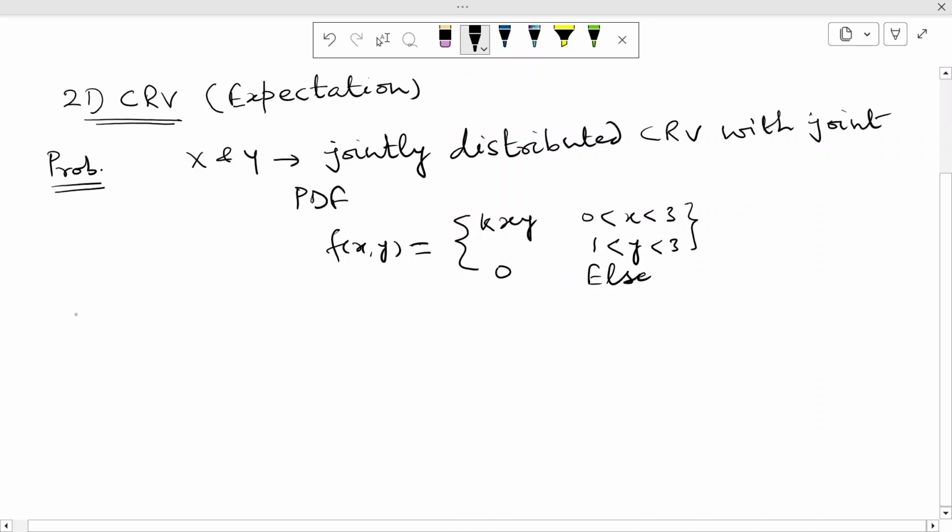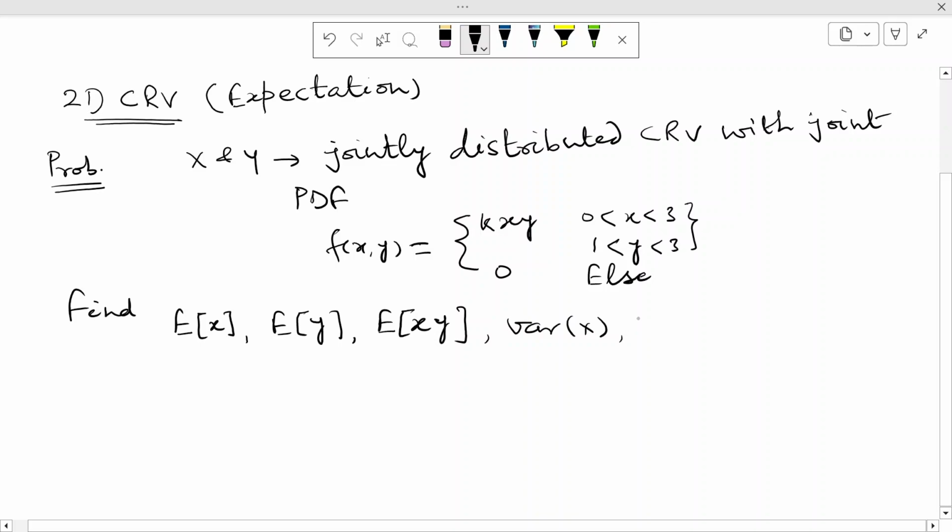Now we have to find the expectation of x, the expectation of y, and the joint expectation of xy. Next we have to find the variance of x, the variance of y, and lastly the covariance of xy, and also r, which is our correlation coefficient.